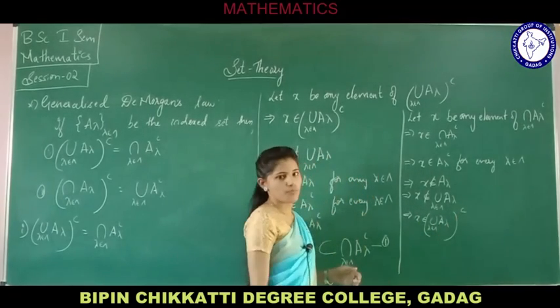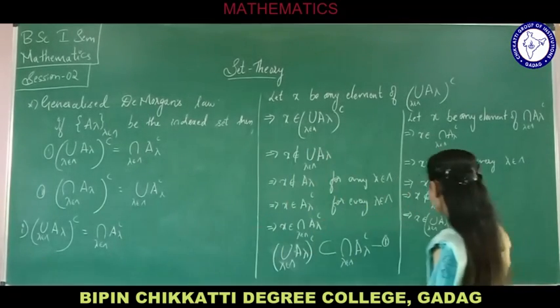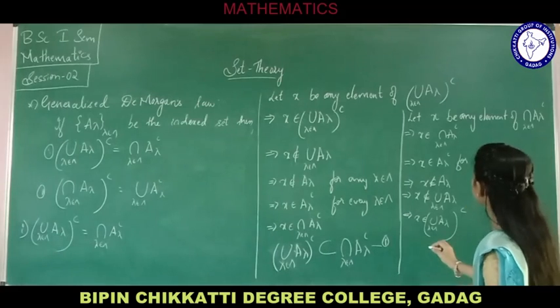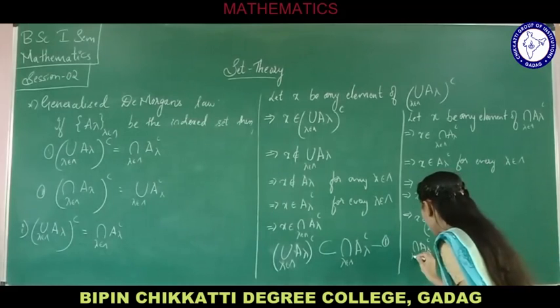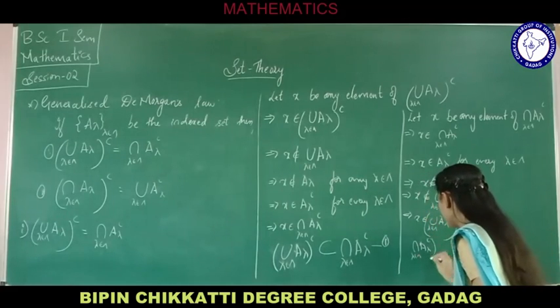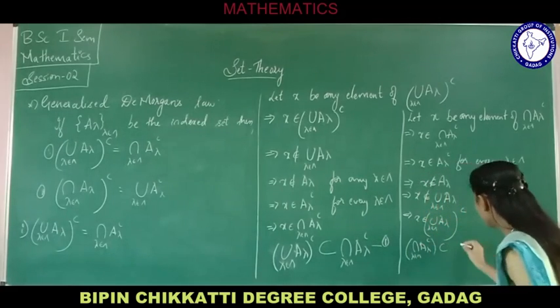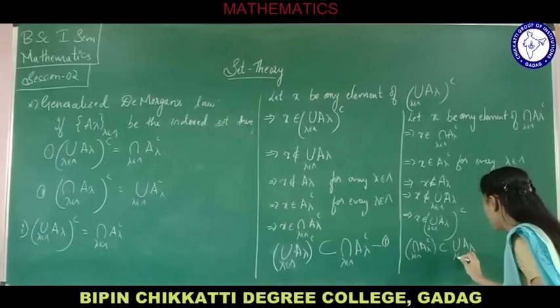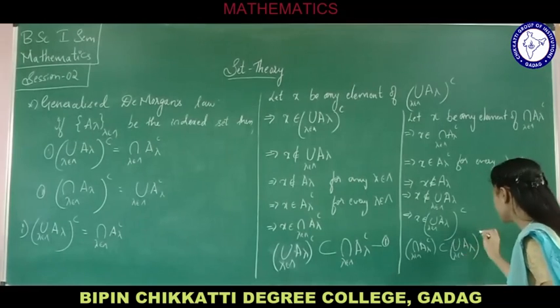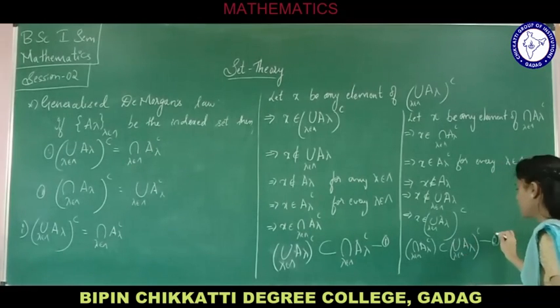So what does this mean? This means that the intersection of A lambda complement where lambda belongs to the indexed set is a subset of the complement of the union of A lambda, lambda belongs to the indexed set.